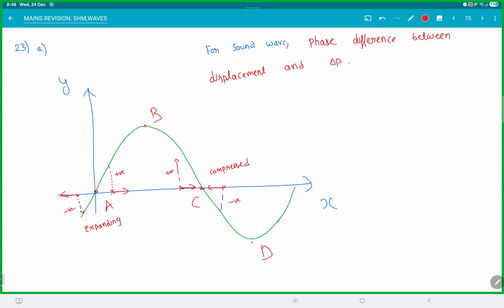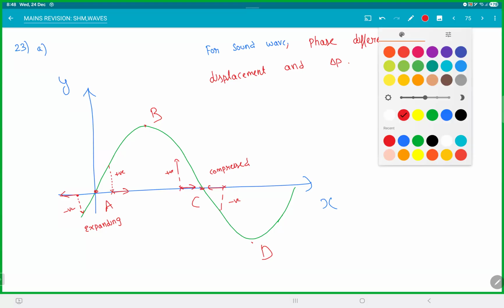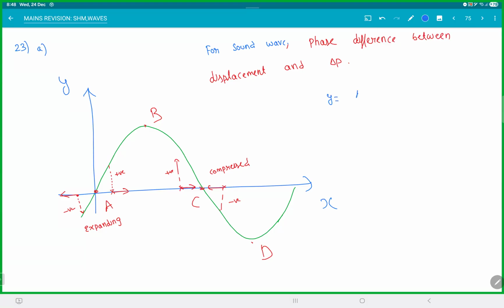Anyone remembers? Right, Vihan. Right, Aditya. Right. Yeah, 90 degrees. Think about this. When you have the equation y is equal to A sin(kx minus omega t), when you say dP is equal to minus bulk modulus times dou y by dou x, when you differentiate this, you end up with B A k.